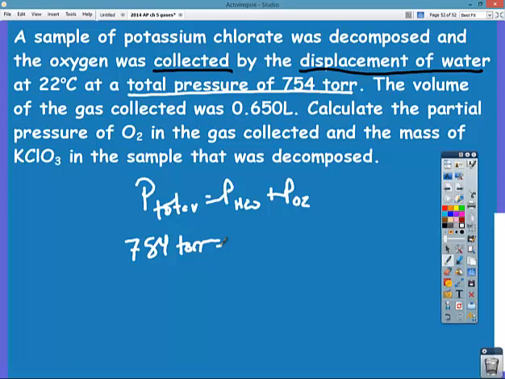To figure out our pressure of water vapor, you're going to have to look and see at 22 degrees Celsius what the water vapor pressure is. Should get 19.8. And so now we know our pressure of oxygen.